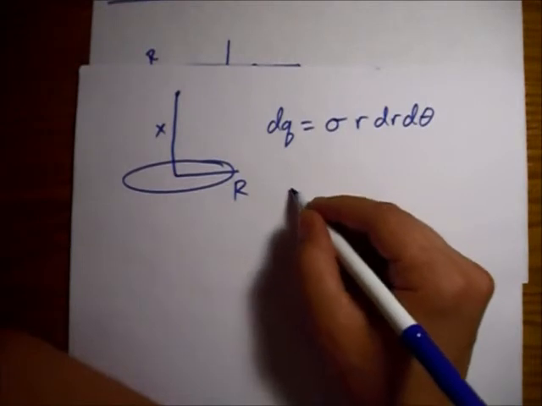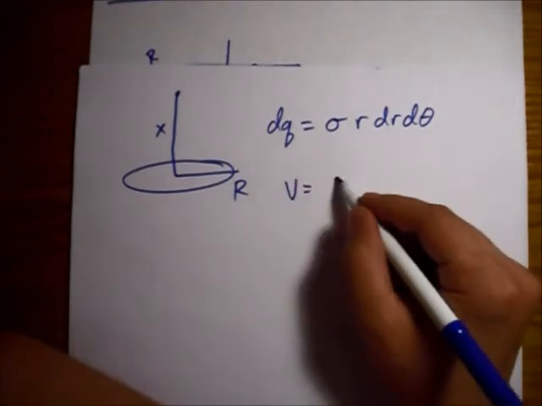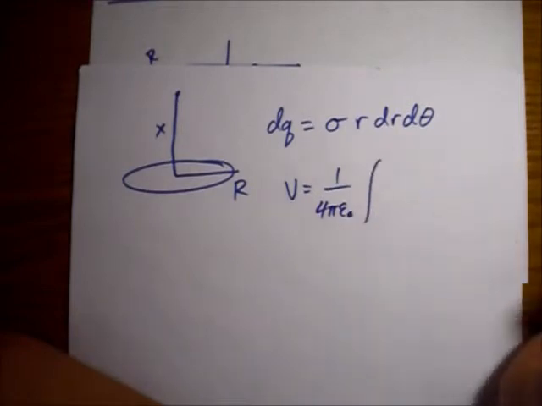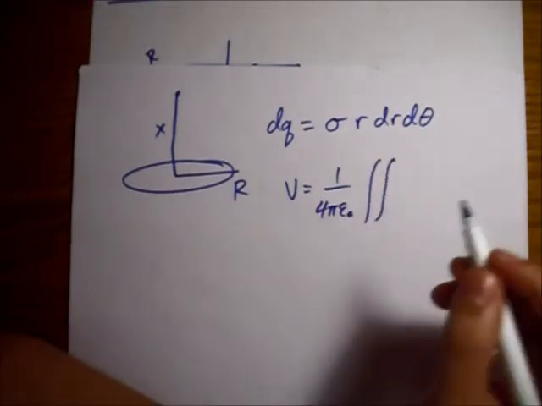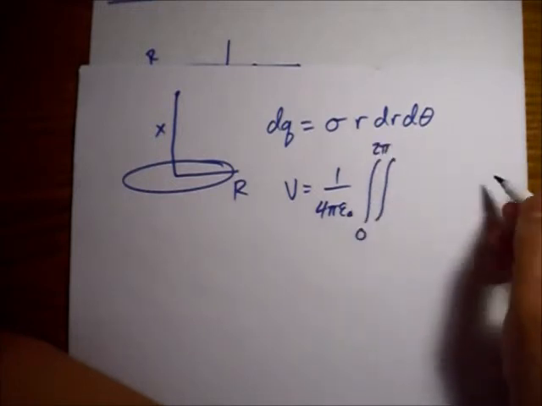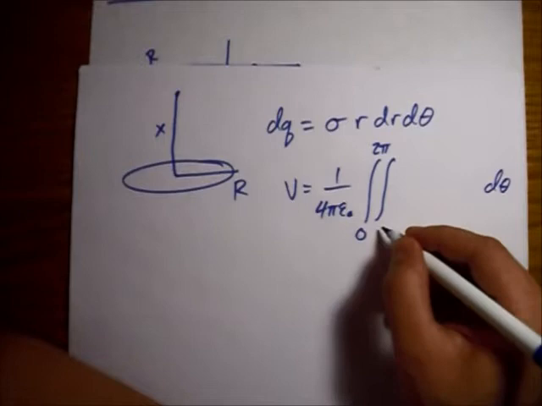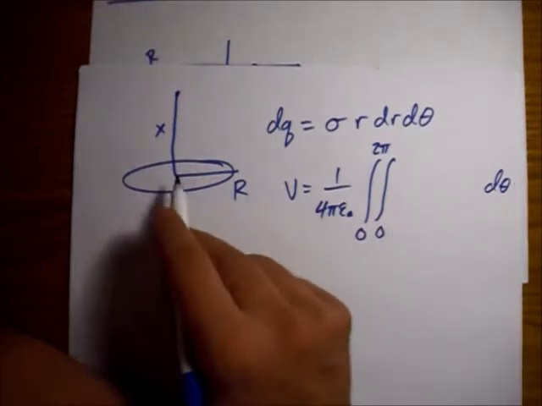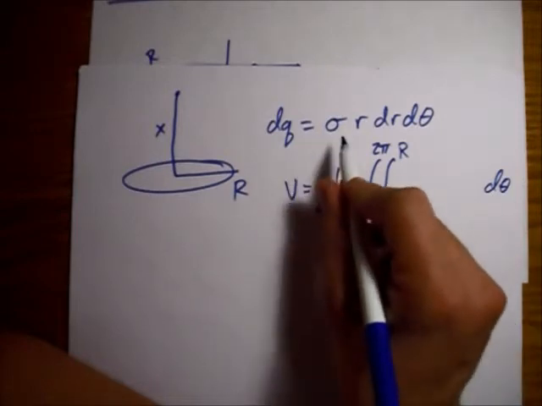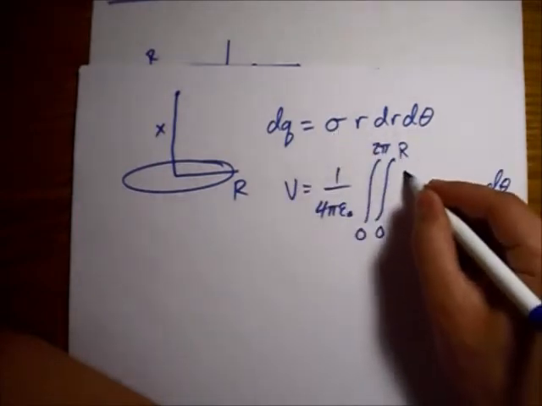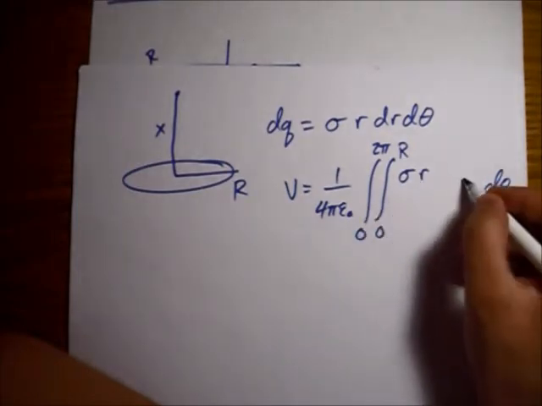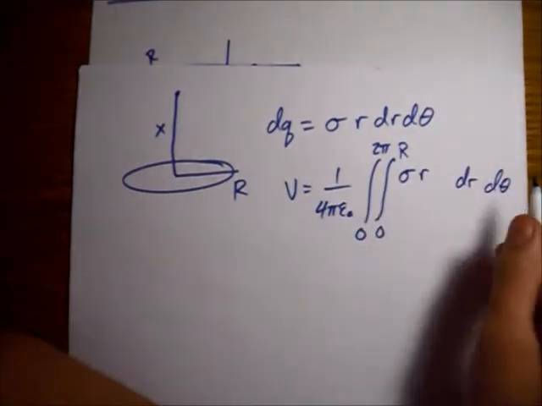Okay, so our potential is just going to be 1 over 4 pi epsilon naught, and we are going to be integrating over the whole area, so from 0 to 2 pi for the theta, and from 0 out to R for the radius. Our dq here, we have a sigma r, and then we'll put the dr out here with the d theta.